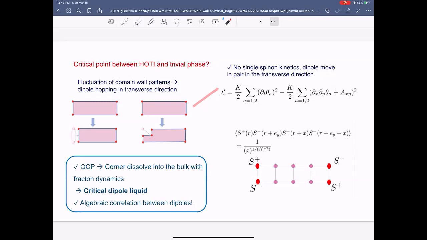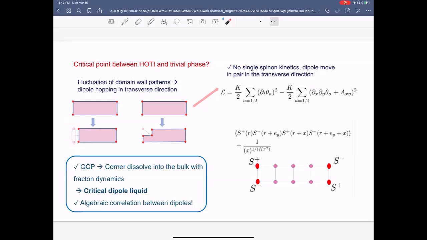So if we want to write down a Gaussian-type field theory to characterize this spinon dynamics when they dissolve into the bulk, there is no ∂x θ or ∂y θ term because a single particle cannot fluctuate. Instead, the leading-order kinetic term is something like a ∂x∂y θ term, which implies a pair of spinons separated along x would fluctuate along the y direction, or if they are separated along y, they can fluctuate along the x direction.